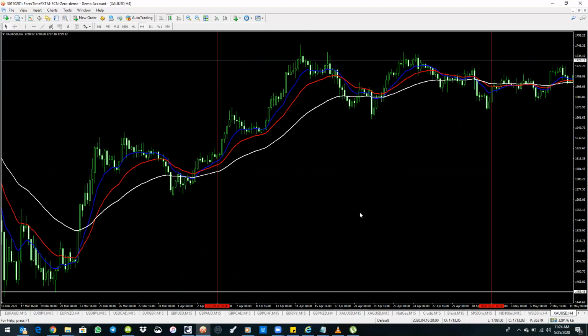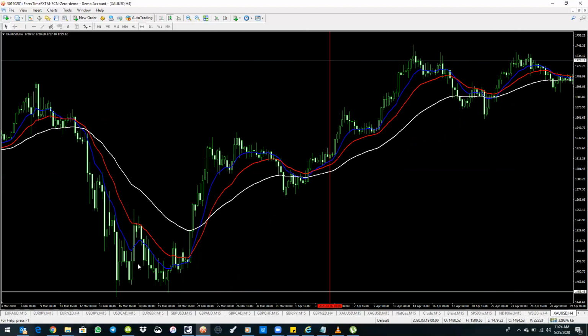You can see that there are some times, for example, remember the blue is our 10 period, the fast moving average. The red is, let's say, the medium, while the white, the 50 period, is our long term.